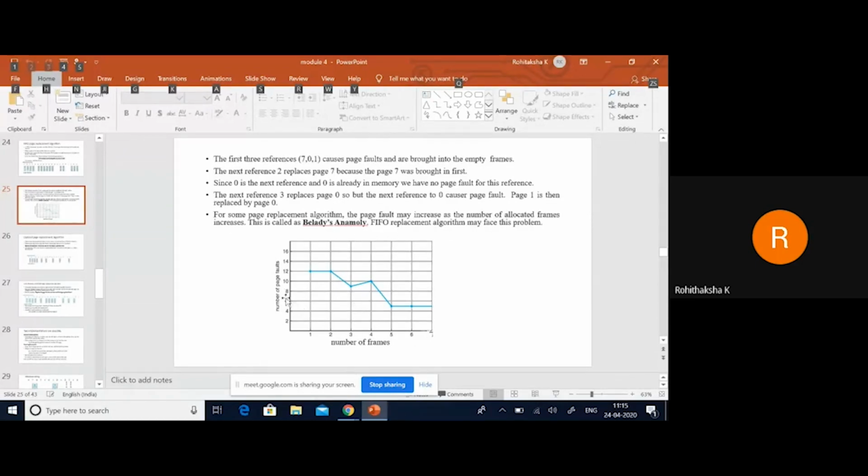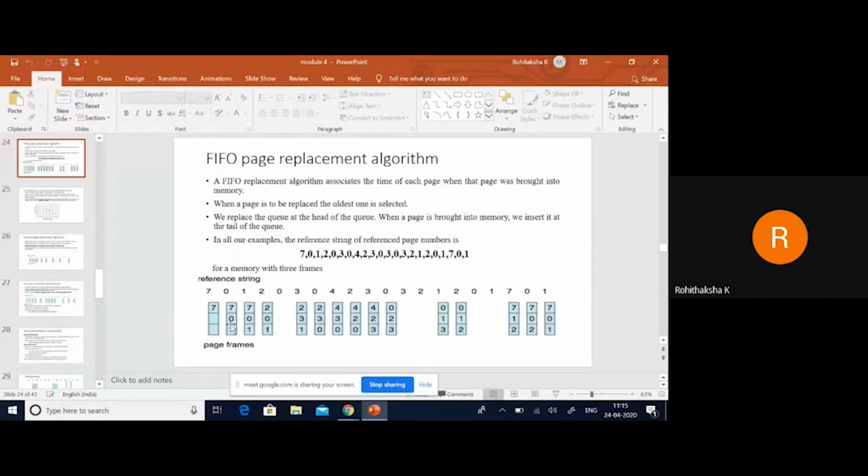So what happens here is, for example, if you go for 4 frames instead of 3, 7 is not there. So 1, 2, 3, 4, 5, 6, 7, 8, 9, 10, 11, 12, 13, 14, 15 page faults.